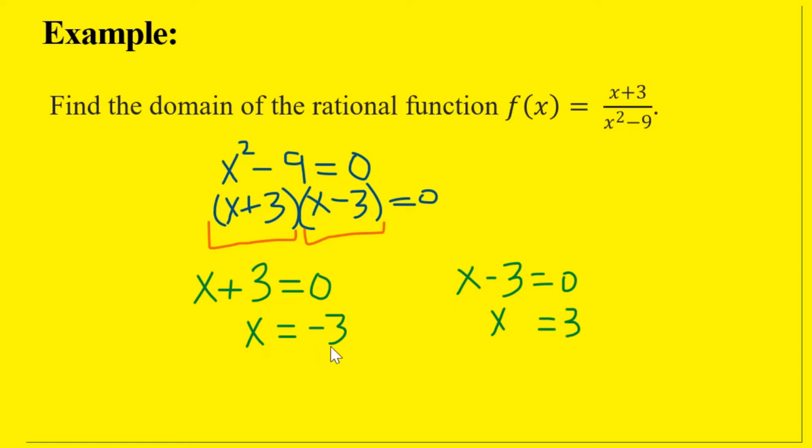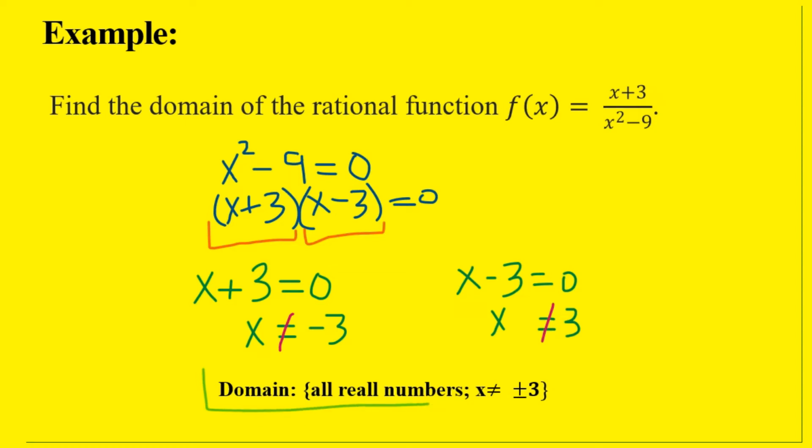In other words, those are the two values we want to exclude from our domain. We don't want x to be negative 3, and we don't want x to be positive 3. Therefore, we can write our domain this way: the domain will be all real numbers excluding negative 3 and positive 3.